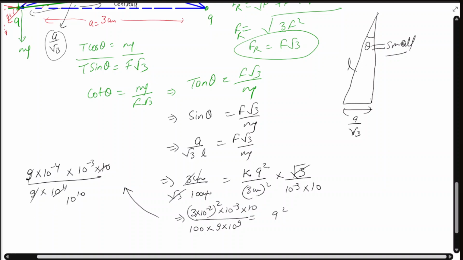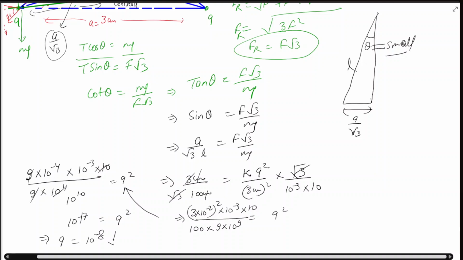This 9 will get cancelled. So this is q square, right? So we'll get q square as 10 raised to power minus 17. So I can write q as 10 raised to power minus 8 and root 1 by 10, right?